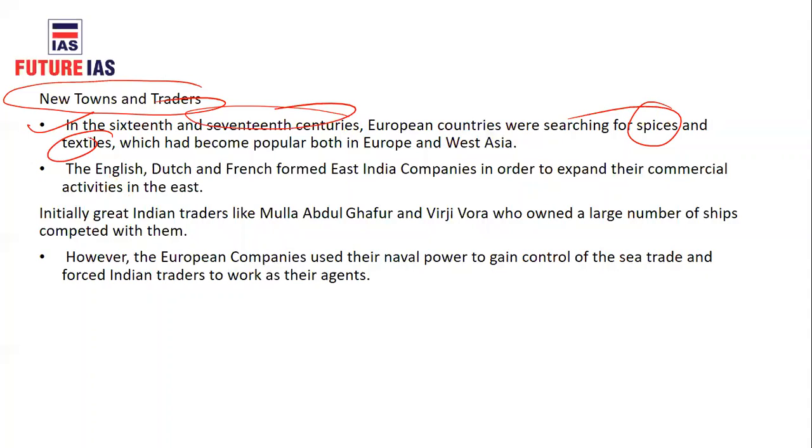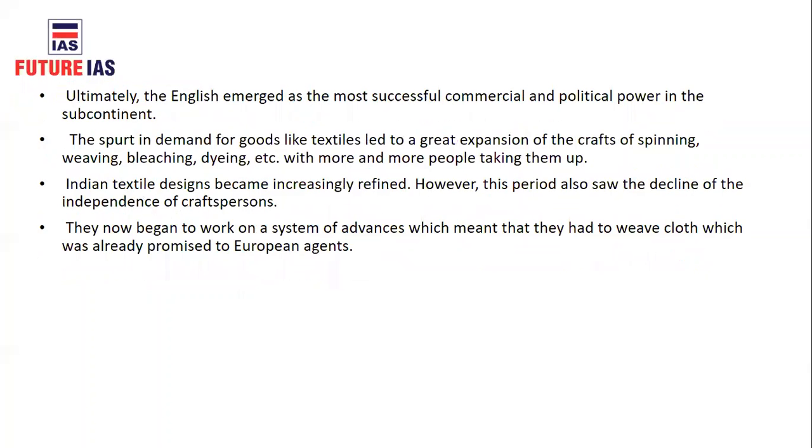The English East India Company, the Dutch, and the French formed East India companies in order to expand their commercial activities in the East, isn't it? This led to further competition among those powers, and among the French, Dutch, and English, the English was the ultimate winner.